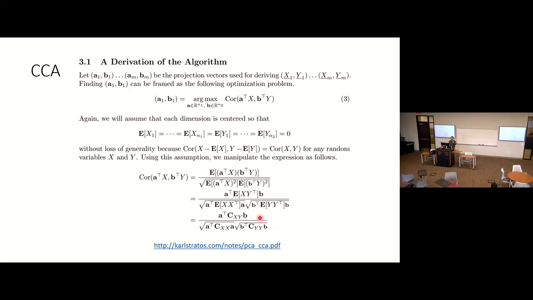C is a covariance matrix between variables in X and variables in Y. And then you have two rotation matrices, A and B. So you want to maximize this whole thing at the end here.